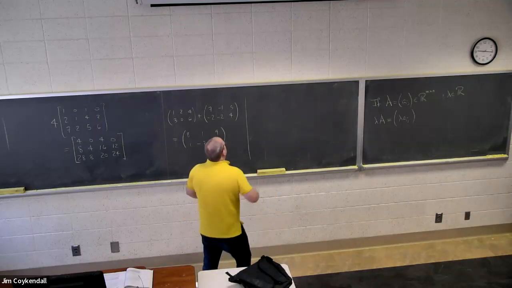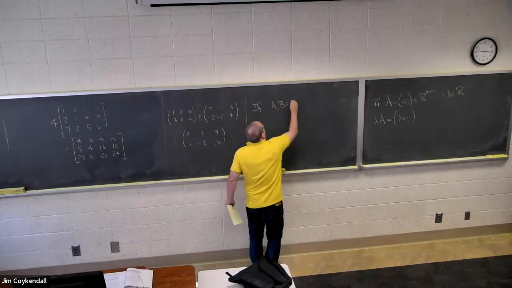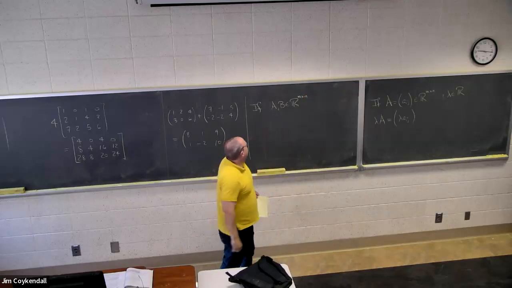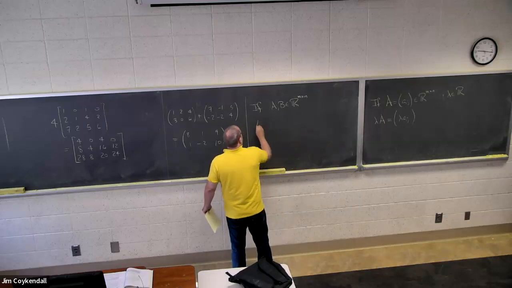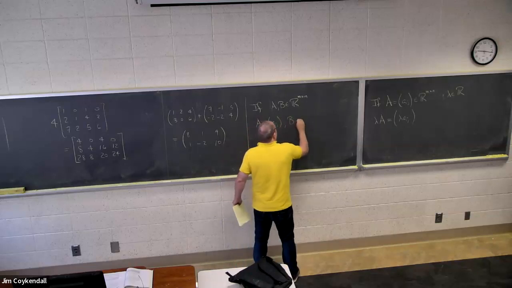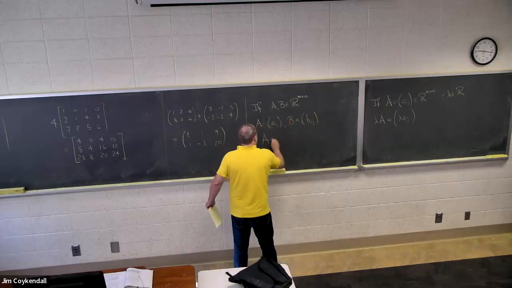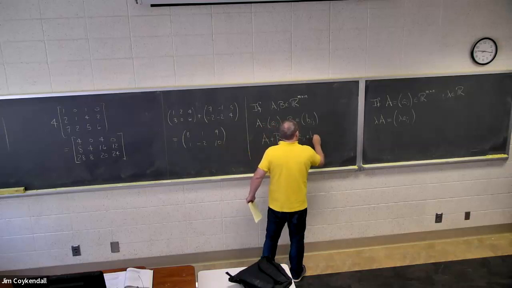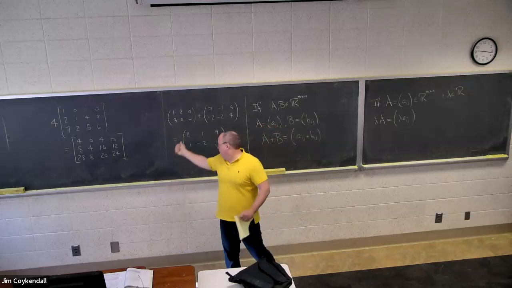So if A and B are both in R n by n, that is to say they're the same size, and A is Aij and B is Bij, then I'm going to define A plus B to be the matrix Aij plus Bij. And this just means add up the matching entries. That's it, just like what we did.